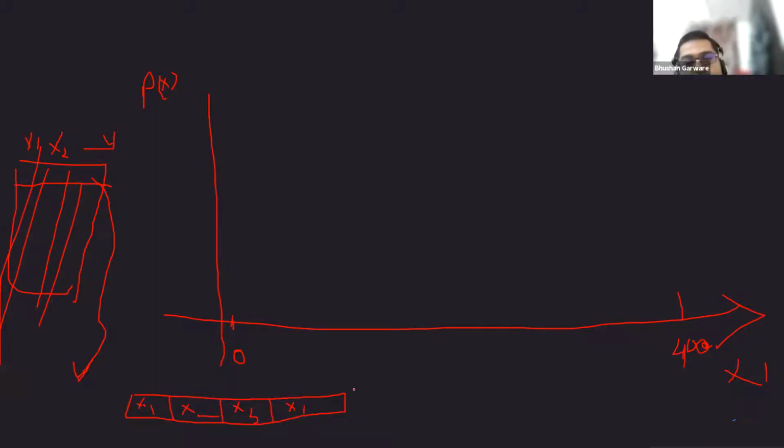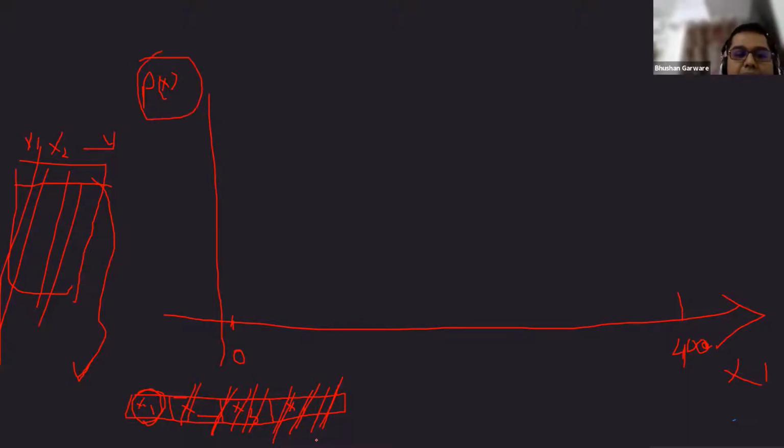So what you do is you keep all other features constant for this one sample, and you change the value of x1 from the lowest value, that is 0, to the highest value, that is 400. And for every value of x1, keeping all others constant, you see what the outcome of your classifier is.